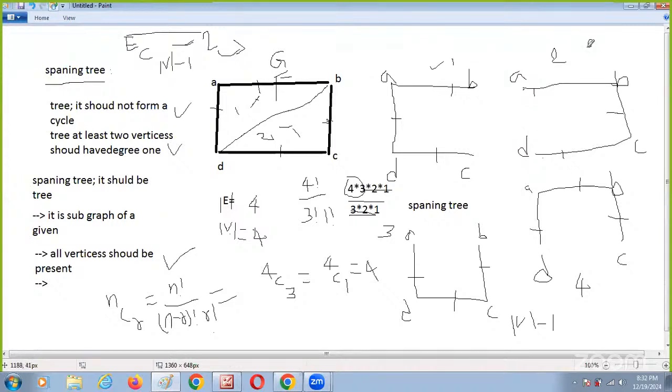Good. 5C2, 5 factorial, 5 into 4 into 3 into 2 into 1, by what is n minus r factorial? 5 minus 2 అంటే 3 factorial into what is r factorial? 2 factorial. ఈ 3 factorial cancel. Here 2 into 2.